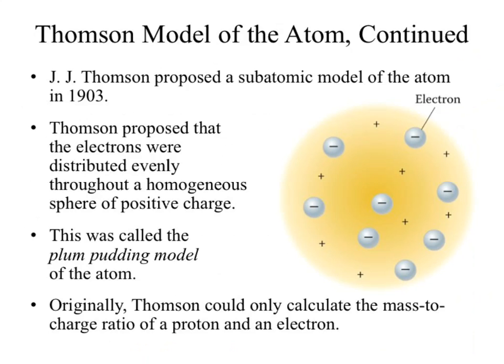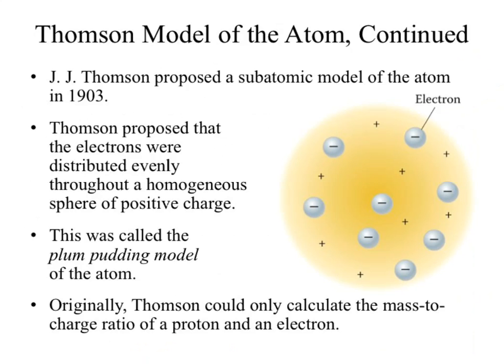Repulsive. Falls apart. We took all the negative, all our electrons, and jammed it into one spot, what happens? Again, the repulsive force. So he said, okay, you know what? It just has to be kind of this pudding model, this plum pudding model, where he had the plums floating around in the sea of pudding. Okay, so it's not a bad idea. Based on the information that he had to work with, that was pretty solid. Okay, everything seems to match.